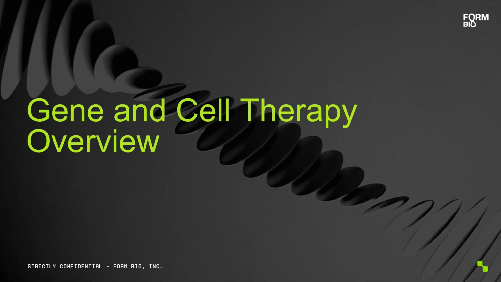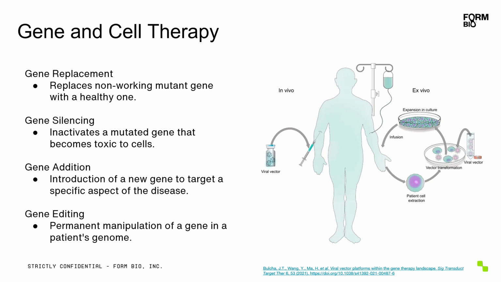Let's talk about the overview. So gene and cell therapy can be defined as the introduction or removal of changed genetic material of patients to treat a specific disease. Those therapies can take different forms. So we have what we call gene replacement, where we replace a non-working gene with a healthy one.